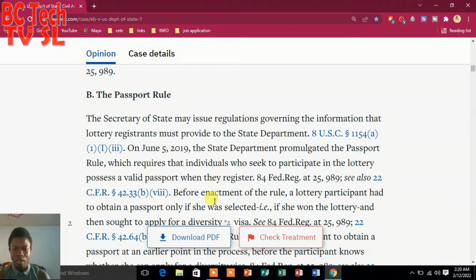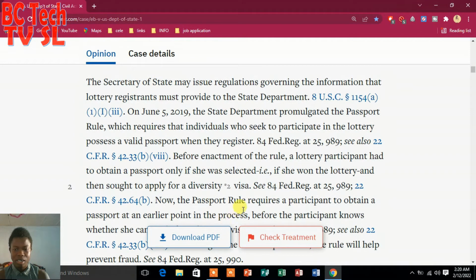Before enactment of the rules, a lottery participant had to obtain a passport only if she was selected. If she won the lottery and then sought to apply for a diversity visa.